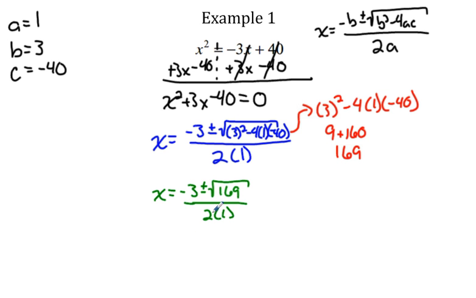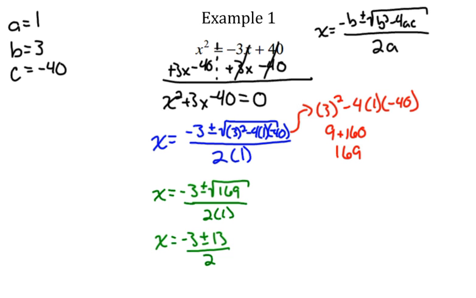Now, simplifying this, I can figure out the square root of 169. You can refer back to the lessons on simplifying radicals if you need to. That's the reason why we did it, so we could simplify these things. 169 is 13 squared. So x is equal to negative 3 plus or minus 13 all over 2, because the square root of 169 is 13.